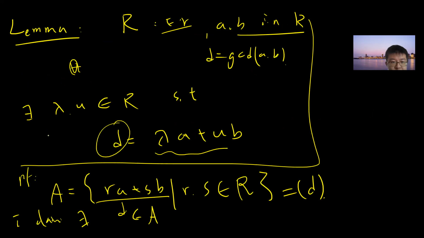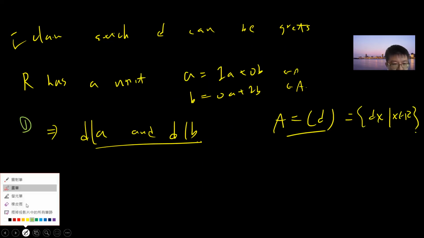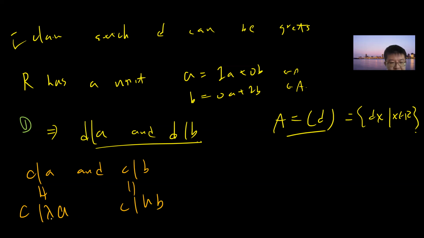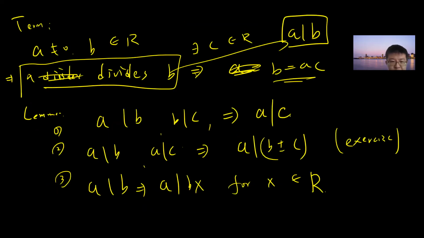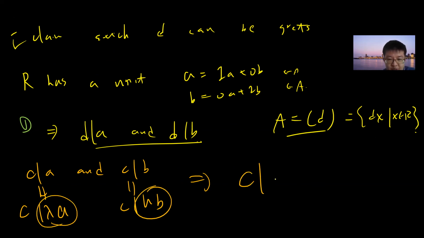Second, we need to prove that whenever C divides A and C divides B, you must have C divides D. So let's check. If C divides A and C divides B, then by our lemma 3, which says that if A divides B then A divides any element times B, C divides lambda A and C divides mu B. Because lambda A plus mu B is D, C divides D. So D is the greatest common divisor by definition.